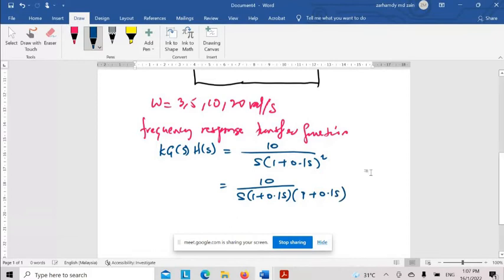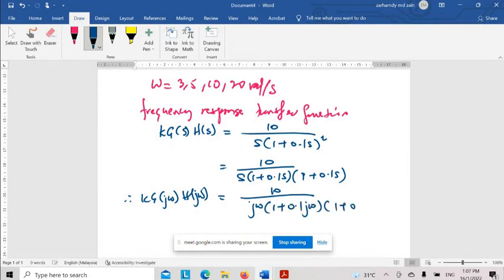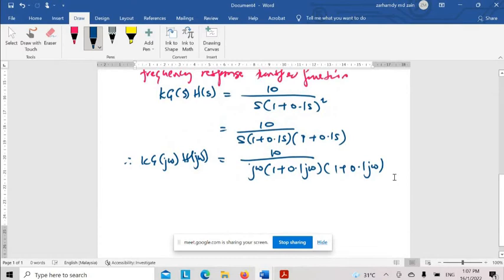So what we can do in frequency response is change s to j omega. So we have here j omega, 1 plus 1 j omega, and we have 1 plus 0.1 j omega.